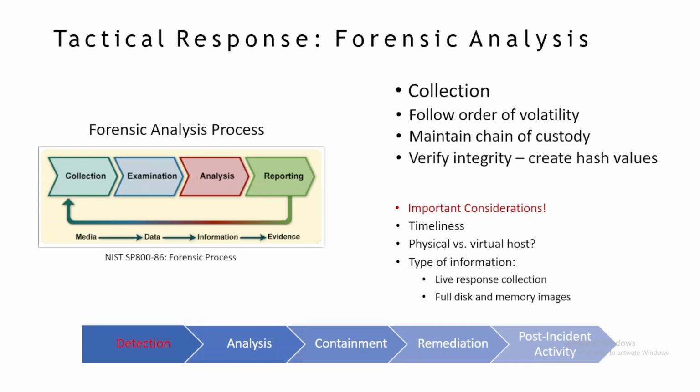It goes with the collection, the examination, the analysis, and the reporting. As part of the collection, we have to follow the order of volatility and make sure we maintain the chain of custody. We should also verify integrity by creating hash values of the artifacts.